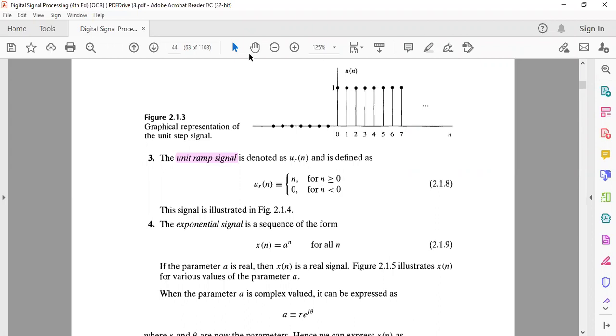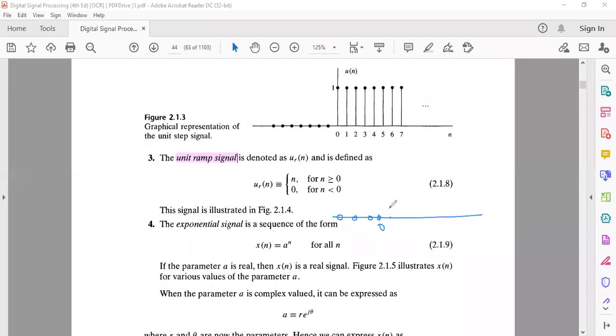What does that mean? If this is your 0, it means that all values below 0 are 0, and then n is equivalent to the sampling value. So at 0, it is 0.